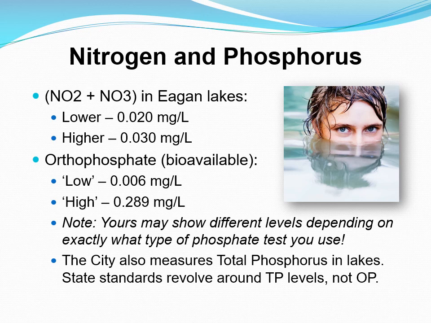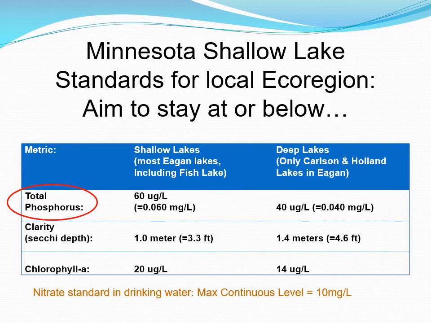So I might see 6 micrograms per liter, which is 0.006 milligrams per liter, or I might see 289 micrograms per liter, which is 0.289 milligrams per liter. Anyway, there can be quite a big difference in what's good and what's bad. How do you know what's good and what's bad? Minnesota has determined a standard that should be at or below for the average lake levels for the summer.